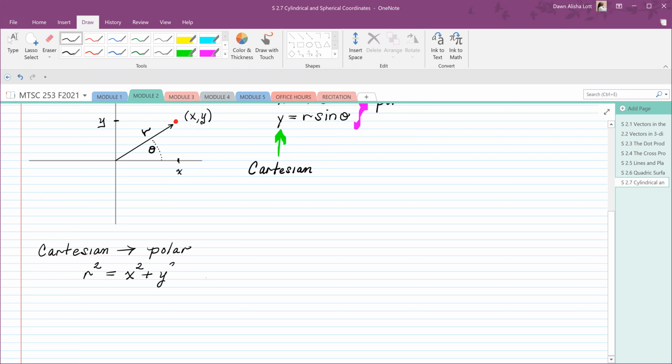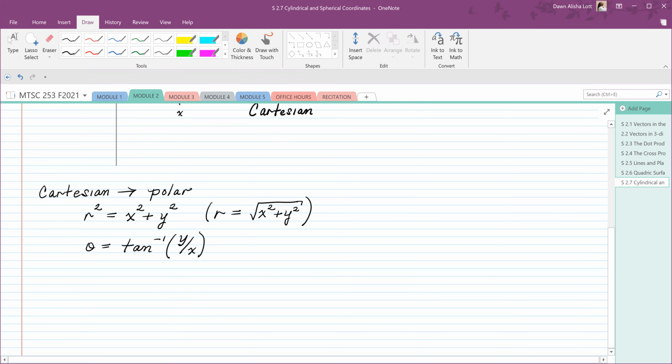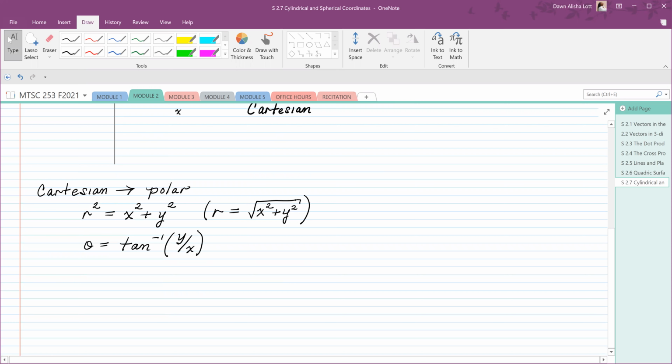So a lot of times we'll write r is the square root of X squared plus Y squared. And then we know theta is the tangent inverse of Y over X. So given X and Y, we can find r and theta. Okay, so we did this way back before.